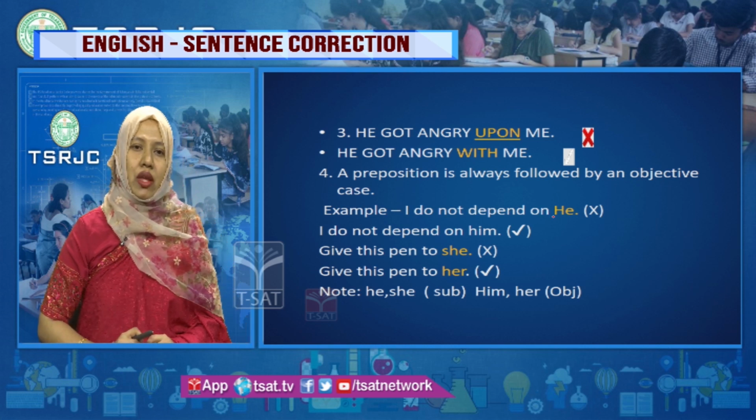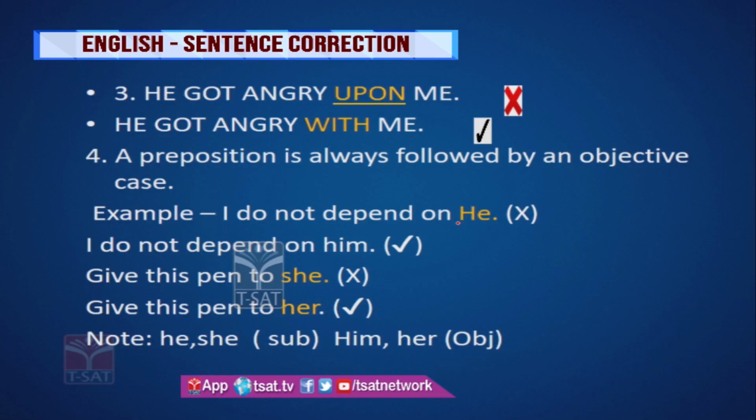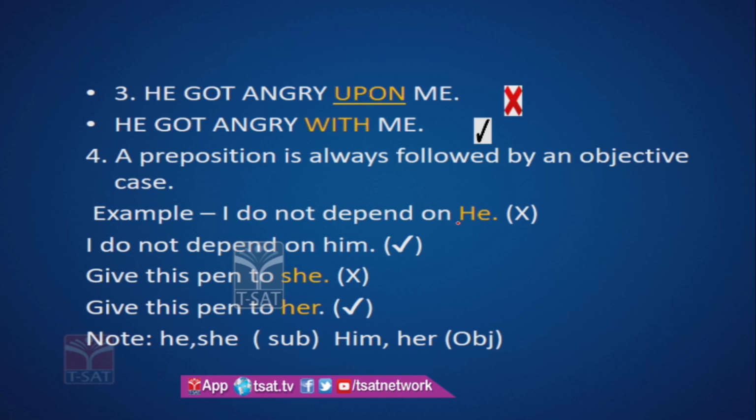Next example, he got angry upon me. Again, it's a Telugu translation, upon, which is wrong. He got angry with me, we say. With is used to refer to some person, okay, not upon me.